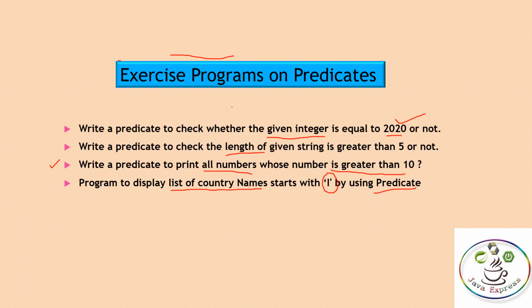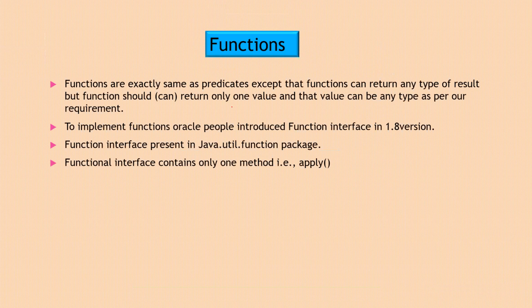Okay, this is the very first point. So second one, functions. See here, functions are exactly the same as a predicate, but the predicate function's return type is boolean, whereas if you take advantage of the function, you can return any type of result.